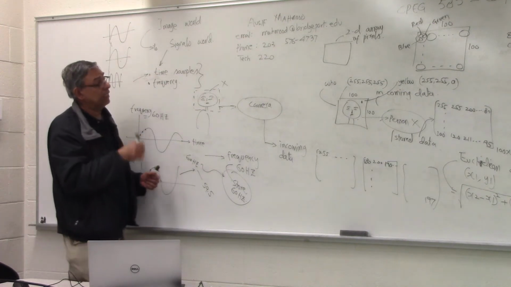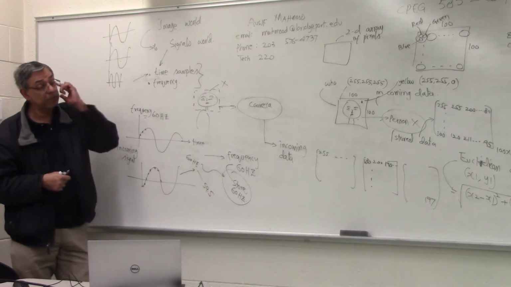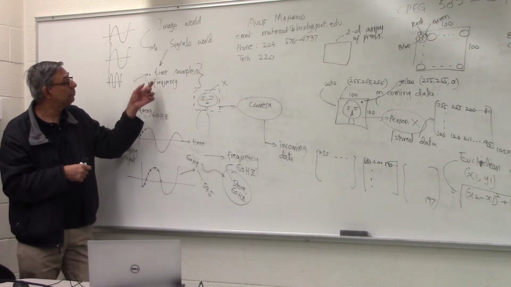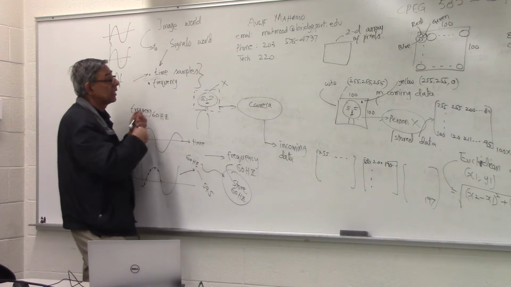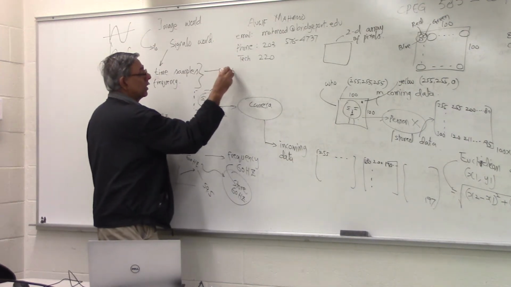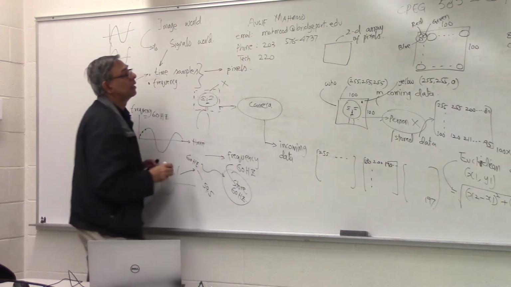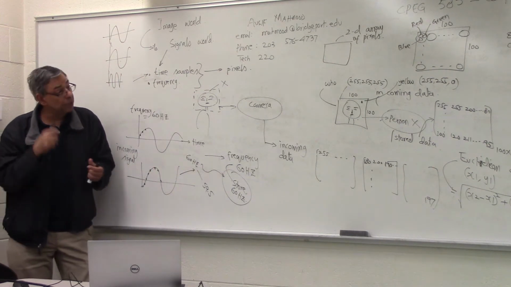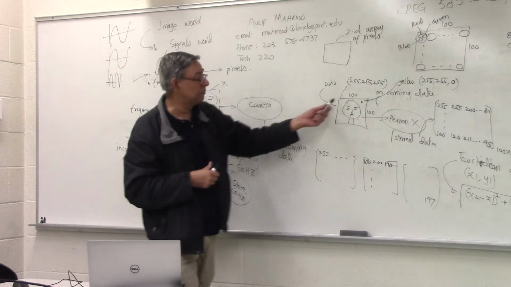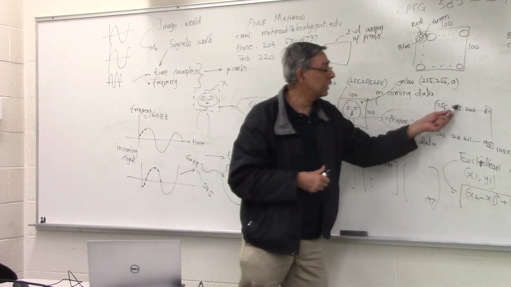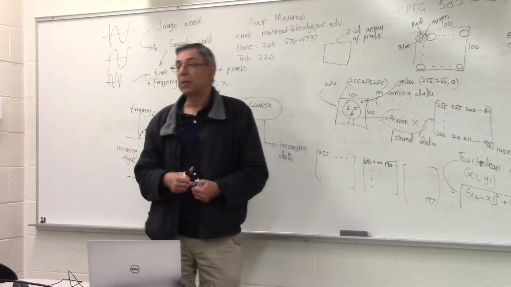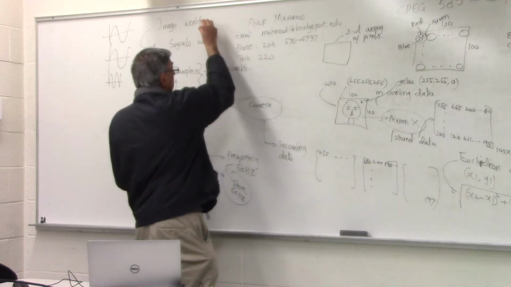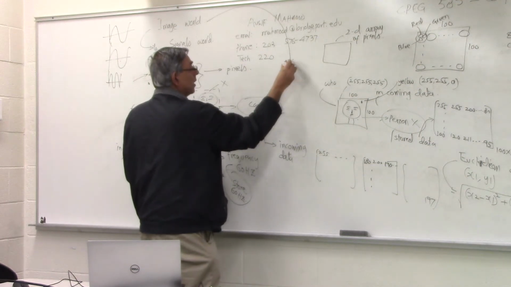Okay, in exactly the same way, once we go to the vision world or the image world, we have the equivalent of the time samples, which is pixels. When we record a picture, whatever is the value of the red, green, blue is the pixel value.